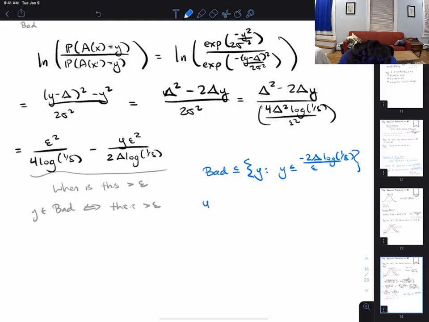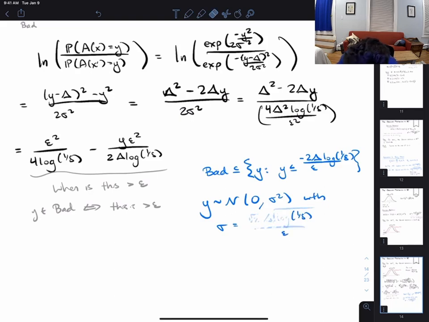But remember, y is drawn from a normal with standard deviation root 2 delta root log 1 over delta. Well, let me just write it this way. Standard deviation about delta over epsilon times root log 1 over delta.